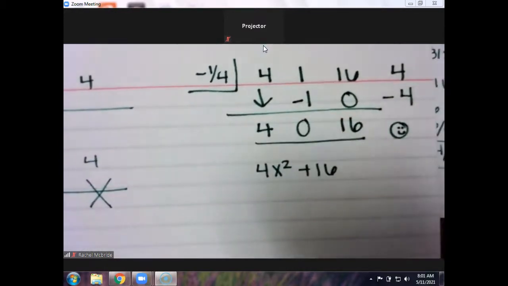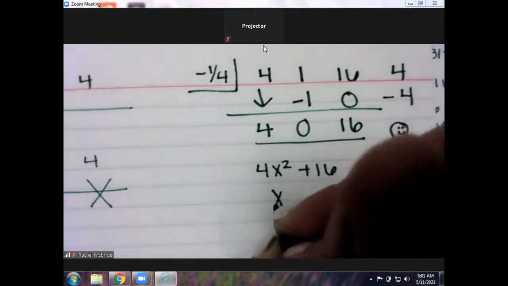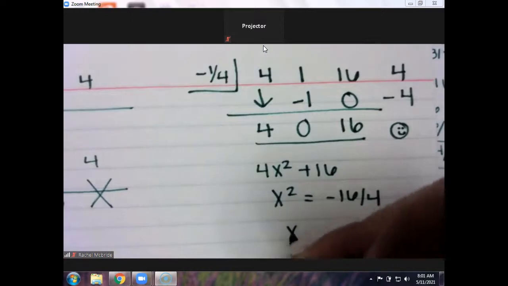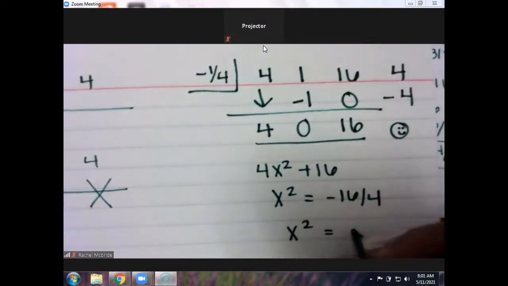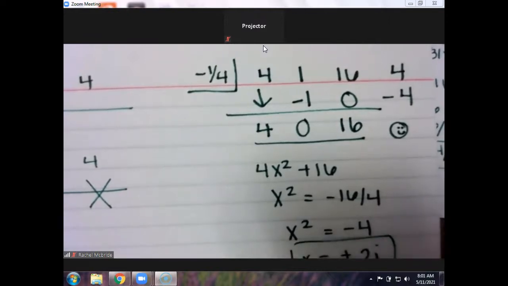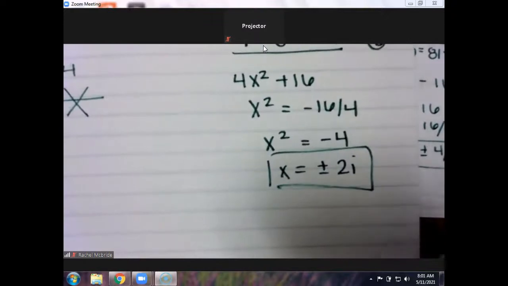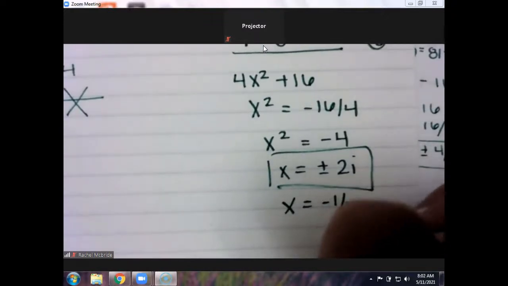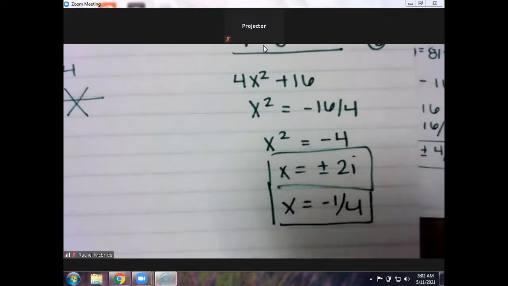And so what I can do is then solve. So I get my 2 imaginary and 1 real.